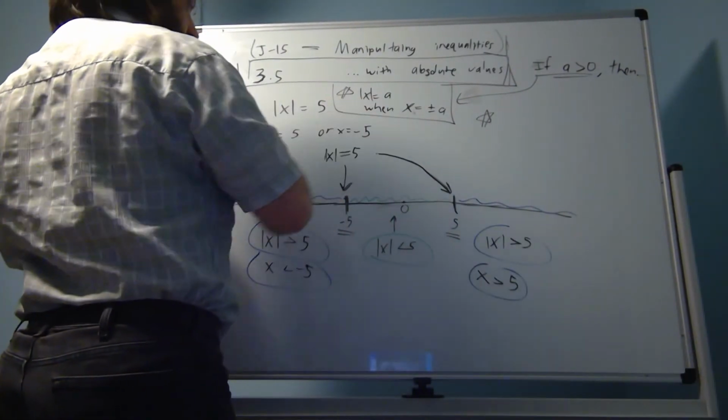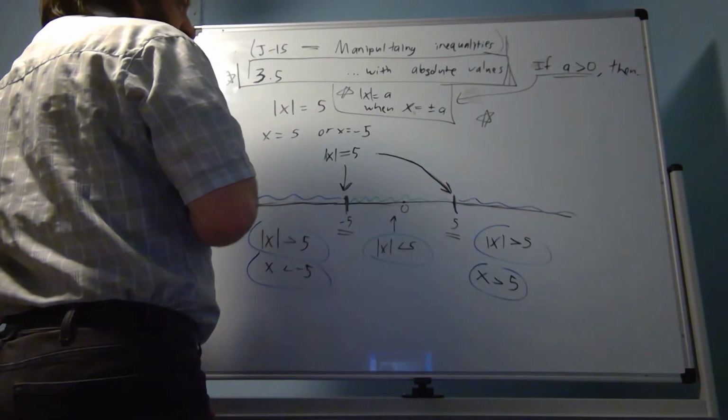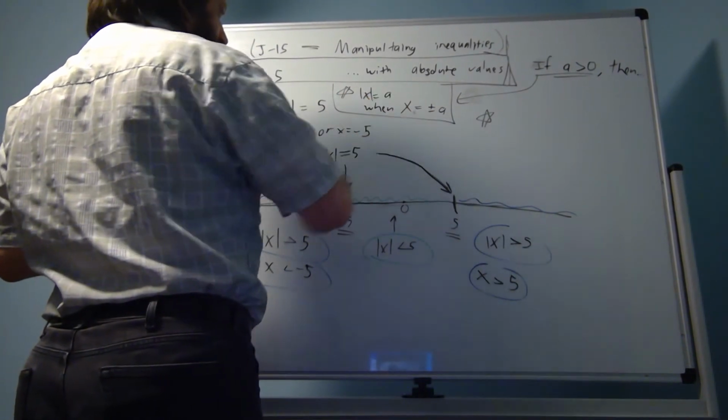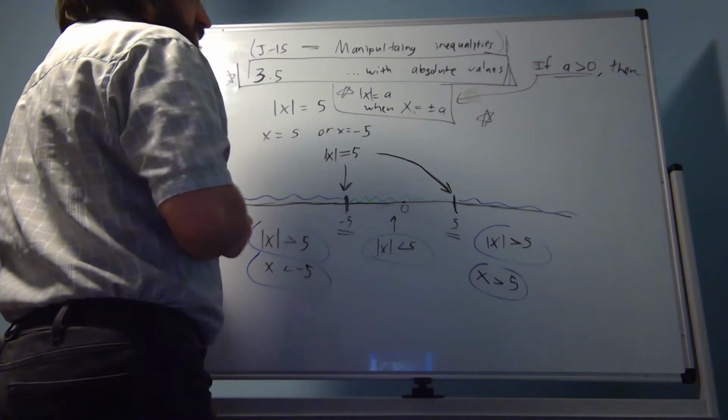With equality, the absolute value of x equals a if and only if x is plus or minus a. So if the absolute value is 2, then x is plus or minus 2.